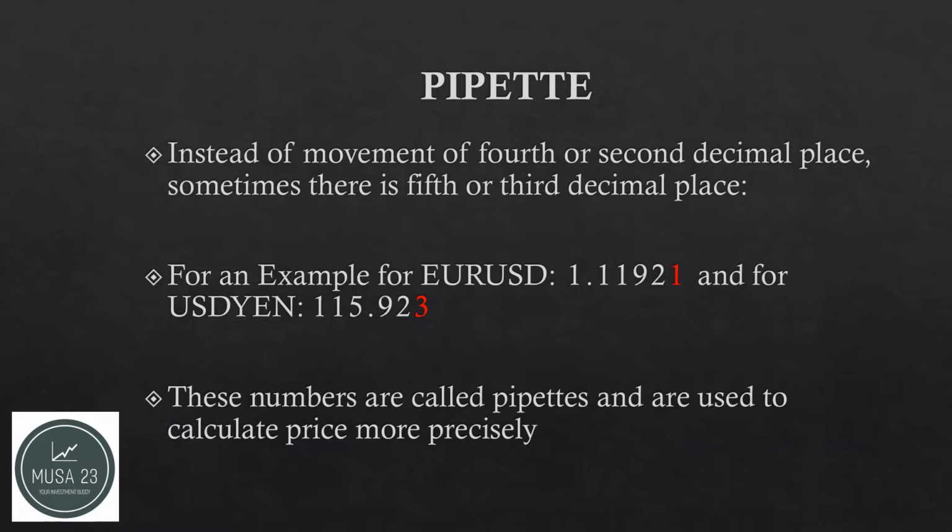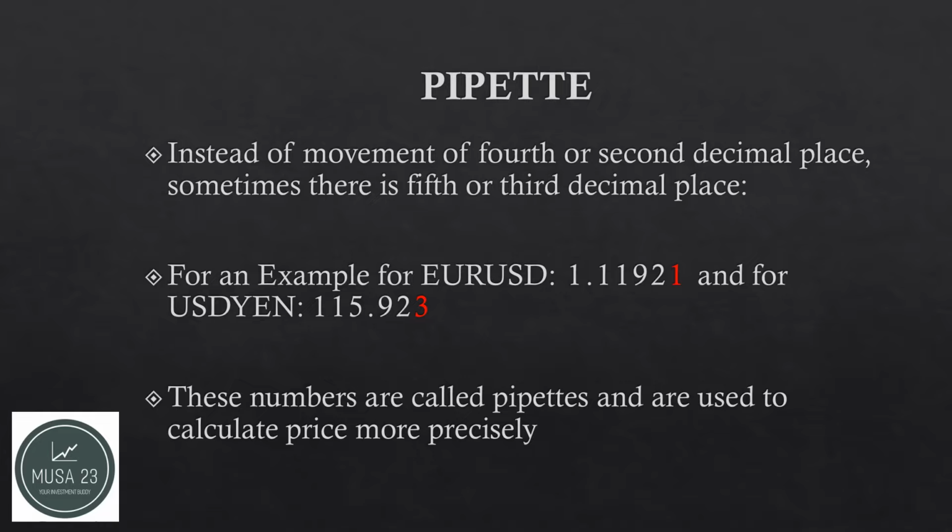But there's also a term called pipette. A pipette is a percentage in point where instead of the fourth and second decimal place, there is a fifth or third decimal place. For an example, for Euro US dollar, a price movement may be 1.11921. Notice that there's a fifth digit, which is 1.